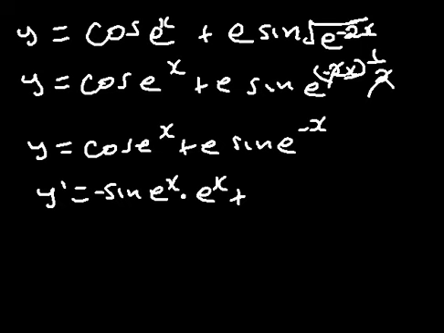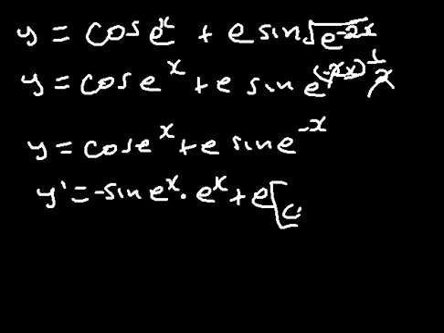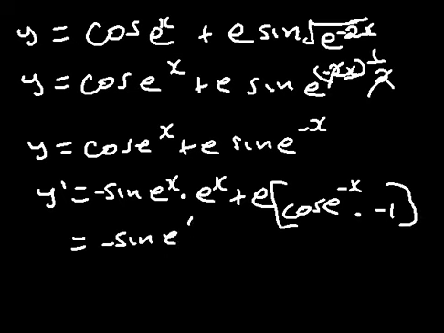So which means we'll have it as e. Now we have to differentiate this part using the chain rule. So in this case we have cos e to the power negative x times the derivative of the power, which is negative 1. So which means we'll have it as negative e sine e to the power x.